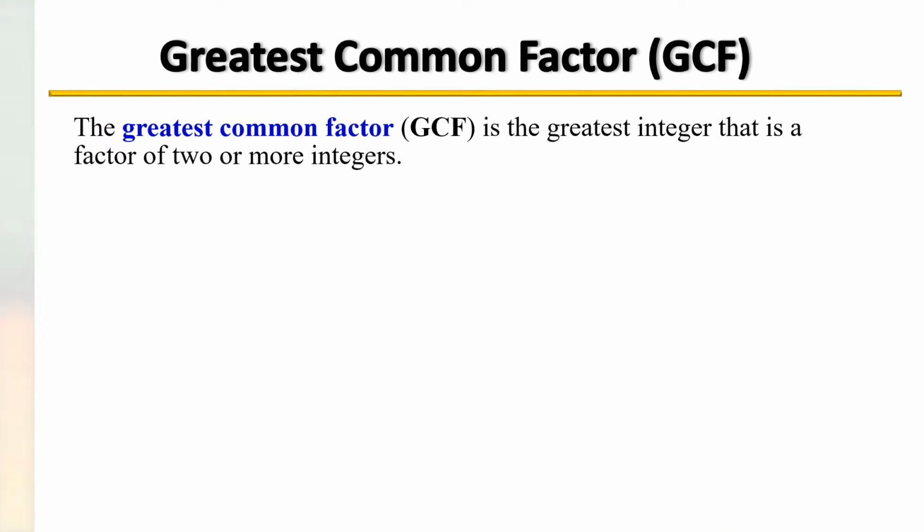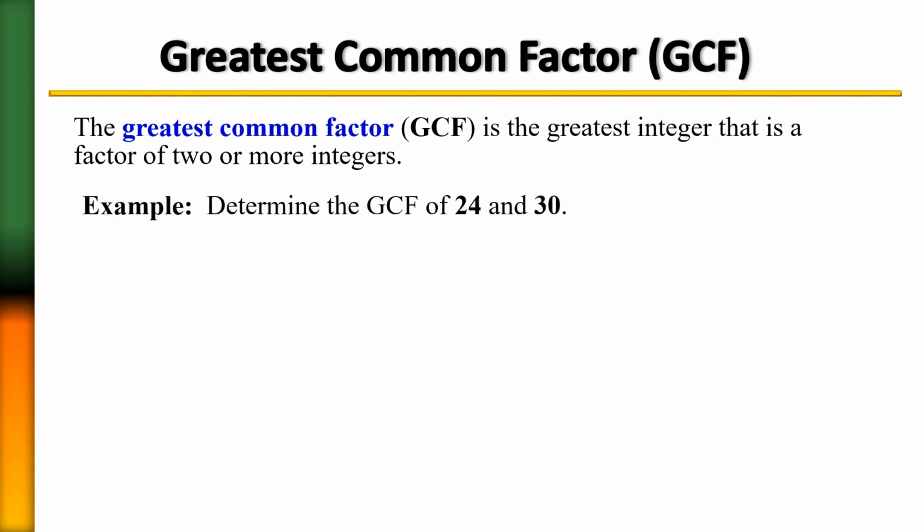The greatest common factor, often referred to as the GCF, is the greatest integer that is a factor of two or more integers. In this example, we're asked to determine the GCF of 24 and 30.